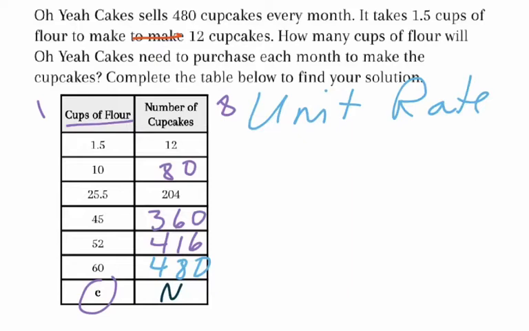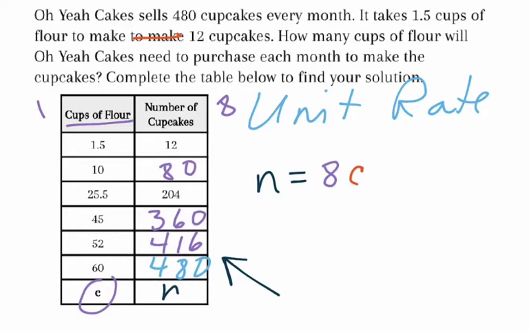But at any rate, the N column is your left column right over here, this one. The N equals, essentially, it'd probably be better if I wrote that as a lowercase n. The n equals the cupcakes. Basically, it equals 8 times C, 8 times the cups of flour.